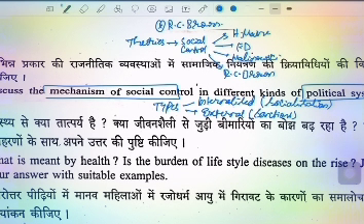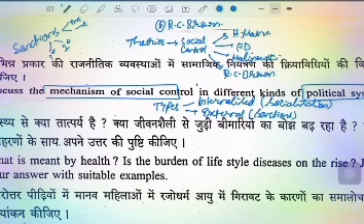With respect to the sanctions format, it can be formal or informal, or it can be diffused or organized. There are different sources of social sanctions, and each social sanction has its own corresponding function, right? Further, these social sanctions can be classified as primary and secondary, or as positive and negative, right?